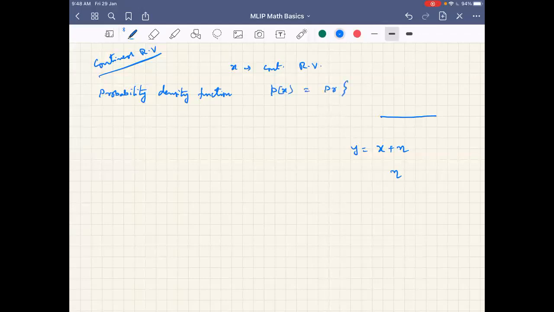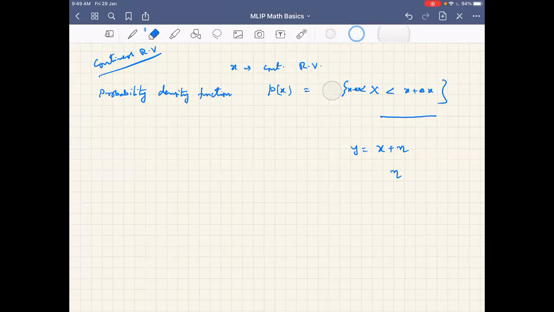P of x I will define as the probability that the random variable X takes a value between x minus delta x and x plus delta x, where delta x is very small.